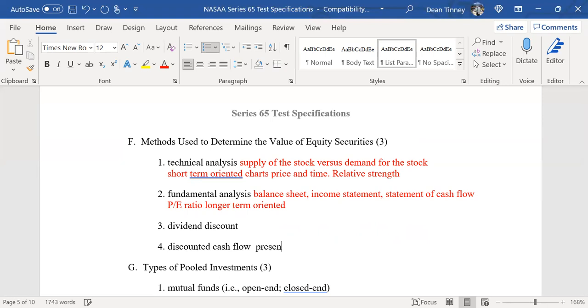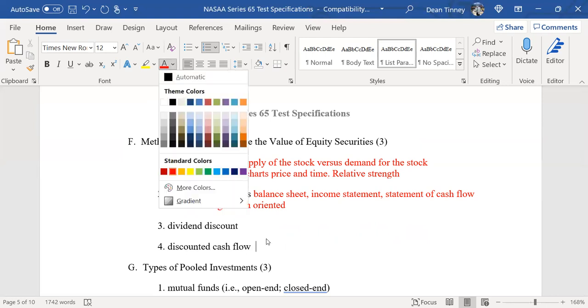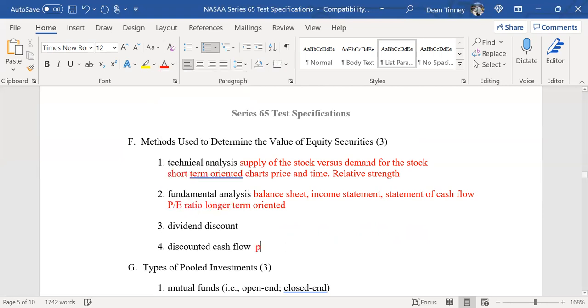What is the present value of future income streams? So the first thing is discounted cash flow doesn't work on anything that has no income, right? You can't do a discounted cash flow analysis on a growth stock that has no dividend, for example.